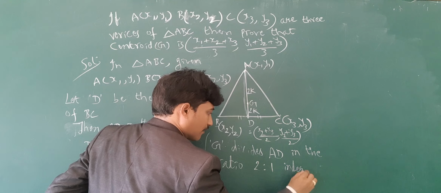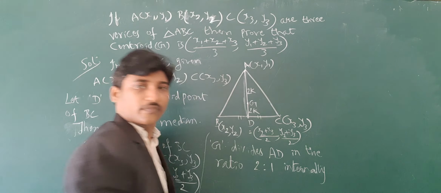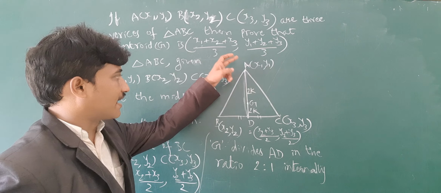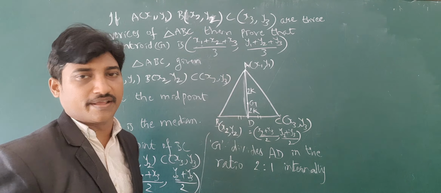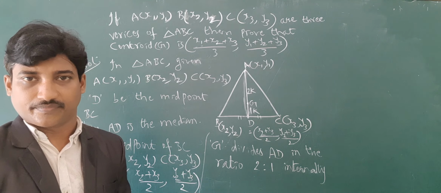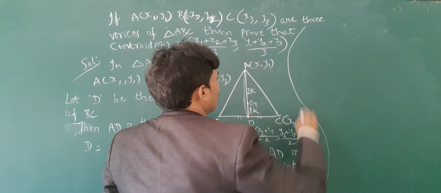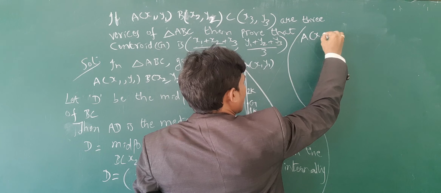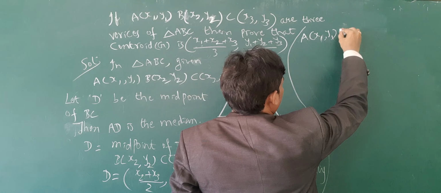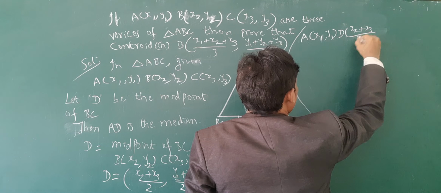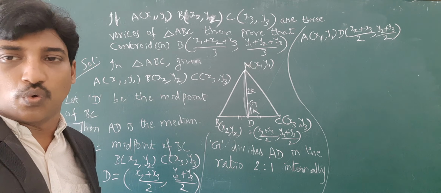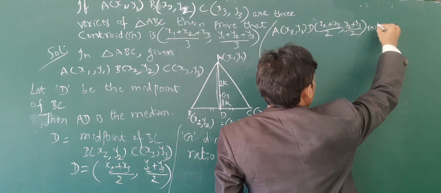By applying the internally dividing point formula to the join of AD in the ratio 2:1, we can find Z. Here we have A (x1, y1), D (x2 plus x3 by 2, y2 plus y3 by 2), and the ratio is 2:1.